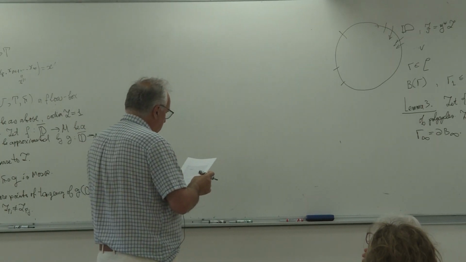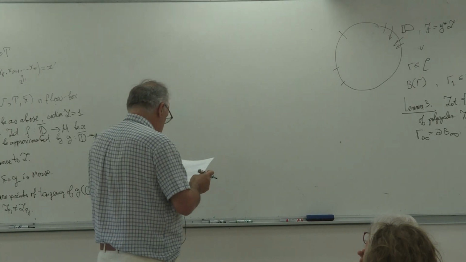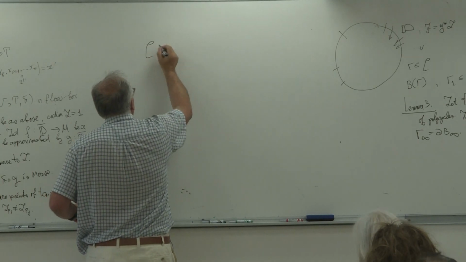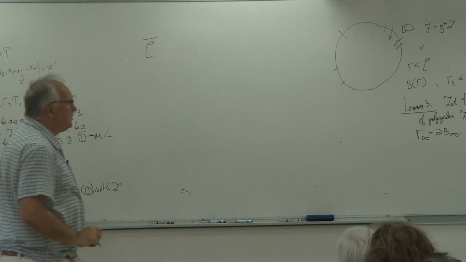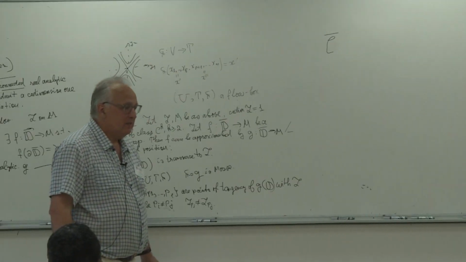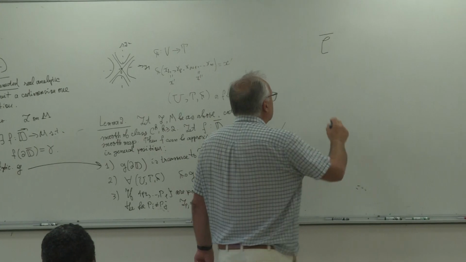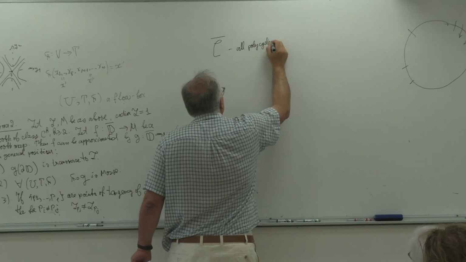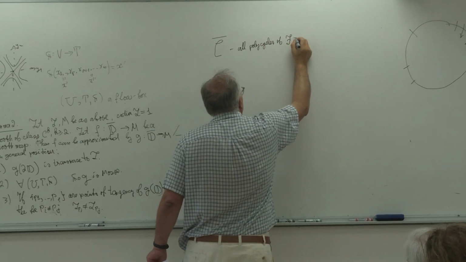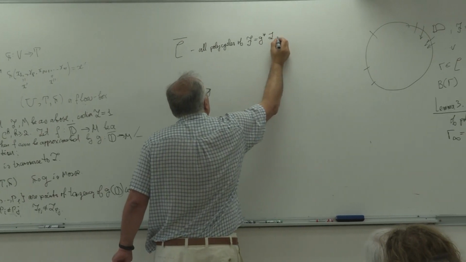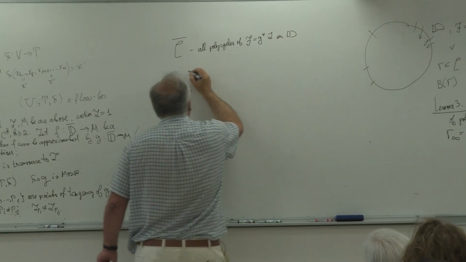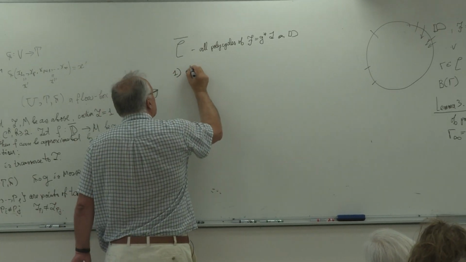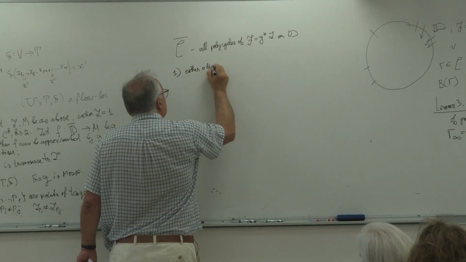Okay, so now we consider C bar, the set of all polycycles of this foliation we have on D, which are either a limit polycycle.